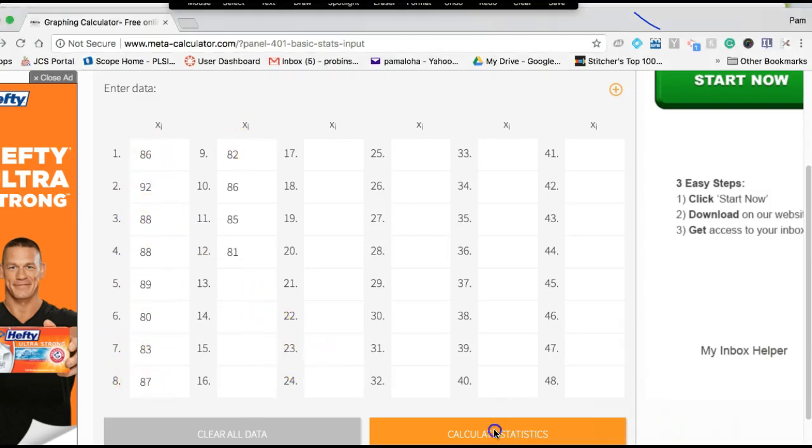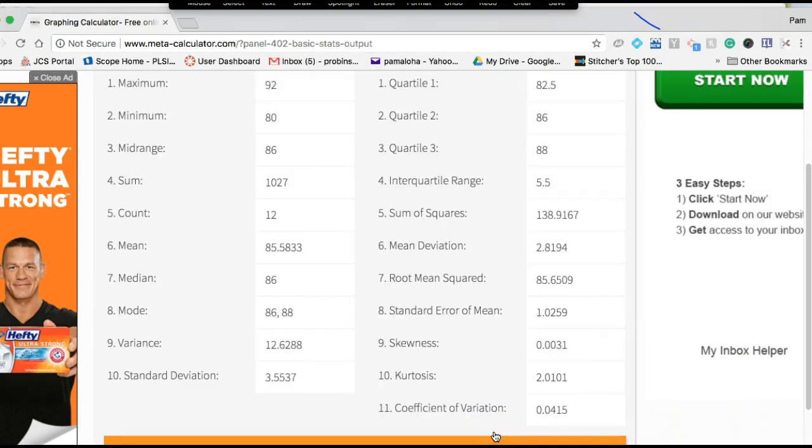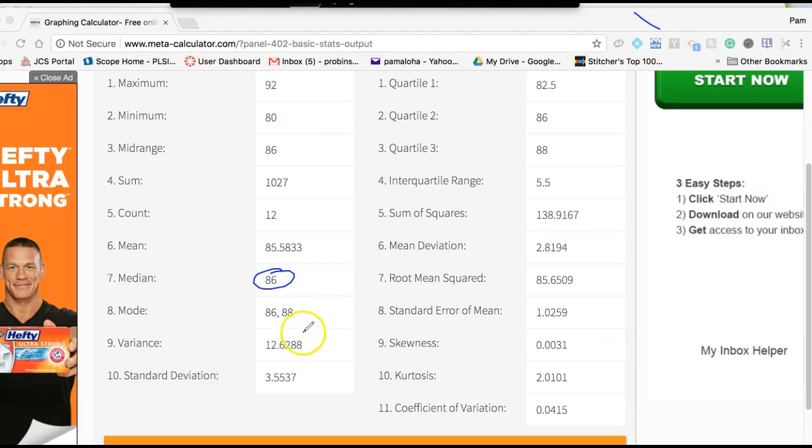Now I just hit Calculate Statistics. All right, and there is my mean. I'm going to circle that. My mean is 86. My variance is 12.62, and my standard deviation is 3.55. You could round to 3.56.